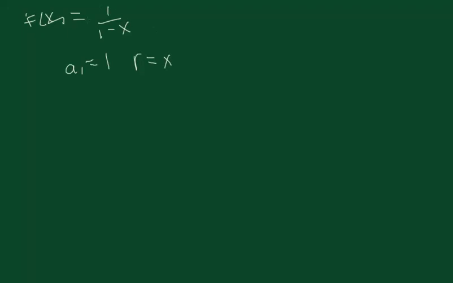And here, this quantity is the sum of a geometric. So if we write out the terms, it would be 1 plus x squared plus dot dot dot plus x to the n plus dot dot dot, which equals the sum from 0 to infinity of x to the n.